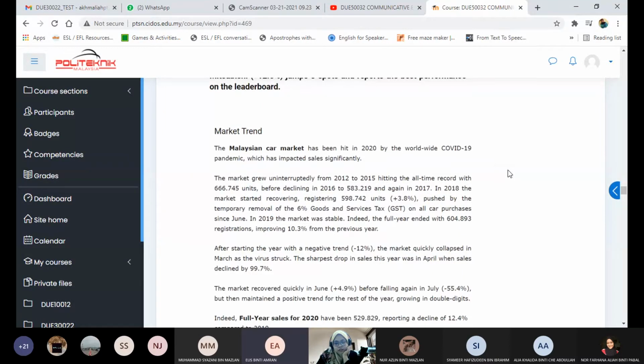The Malaysian car market has been hit in 2020 by the worldwide COVID-19 pandemic, which has impacted sales significantly.